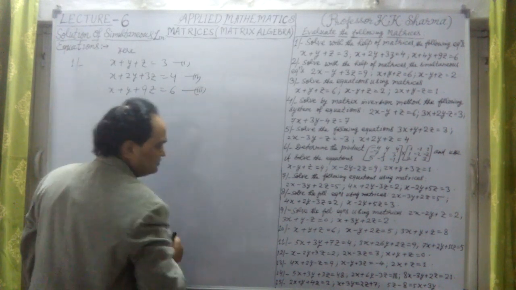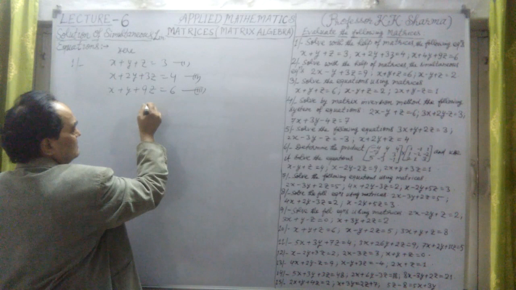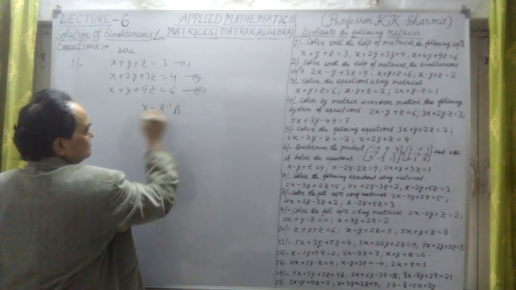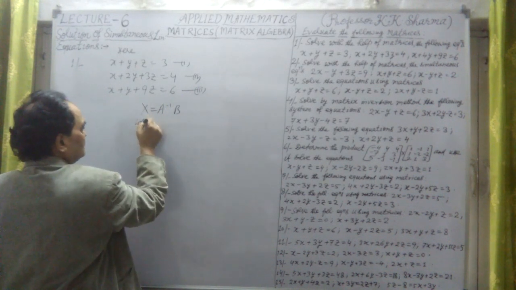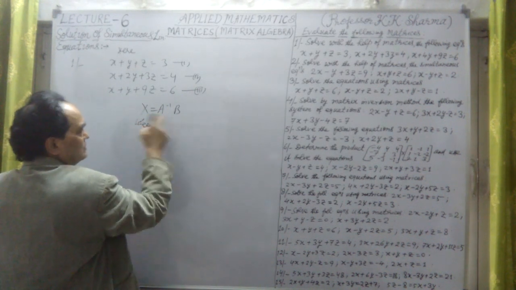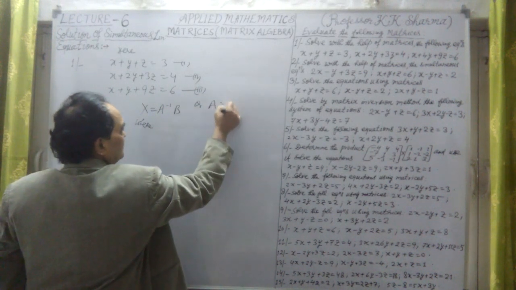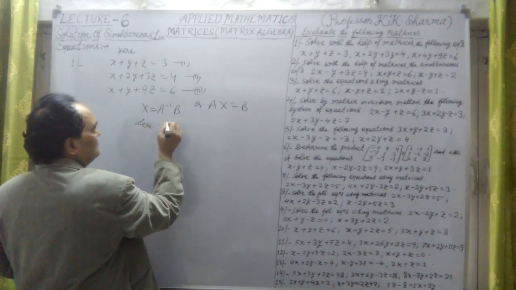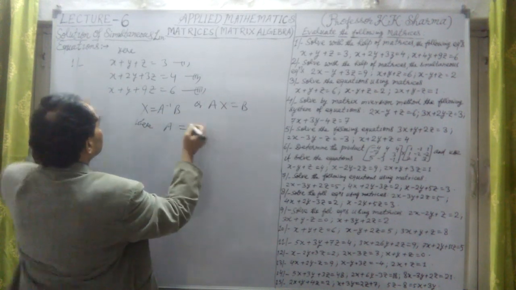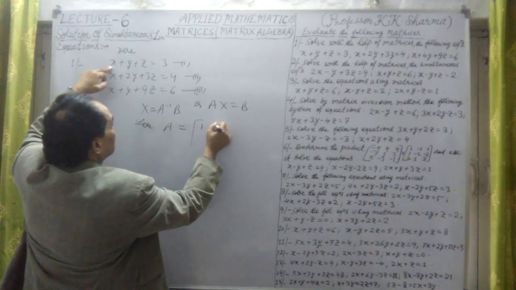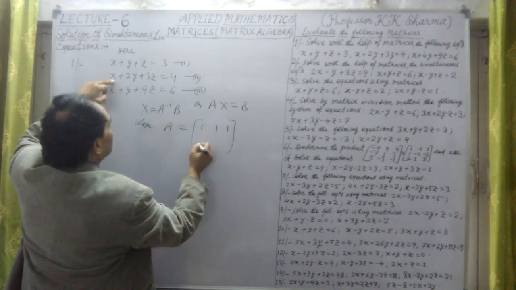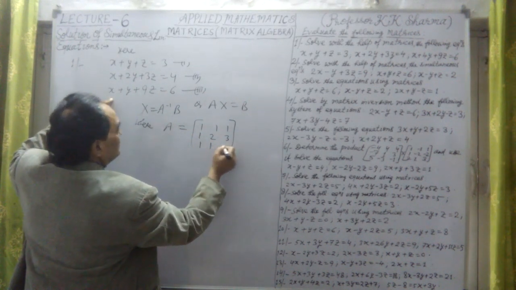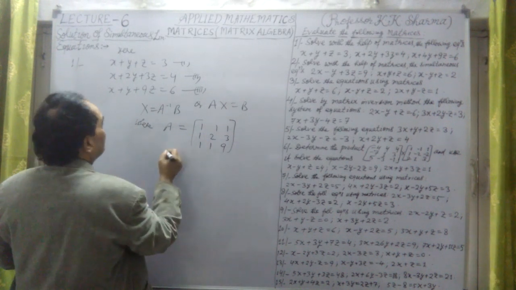As I told you, X equals A inverse into B, or AX equals B, where A is the matrix with rows 1, 1, 1; 1, 2, 3; and 1, 4, 9.